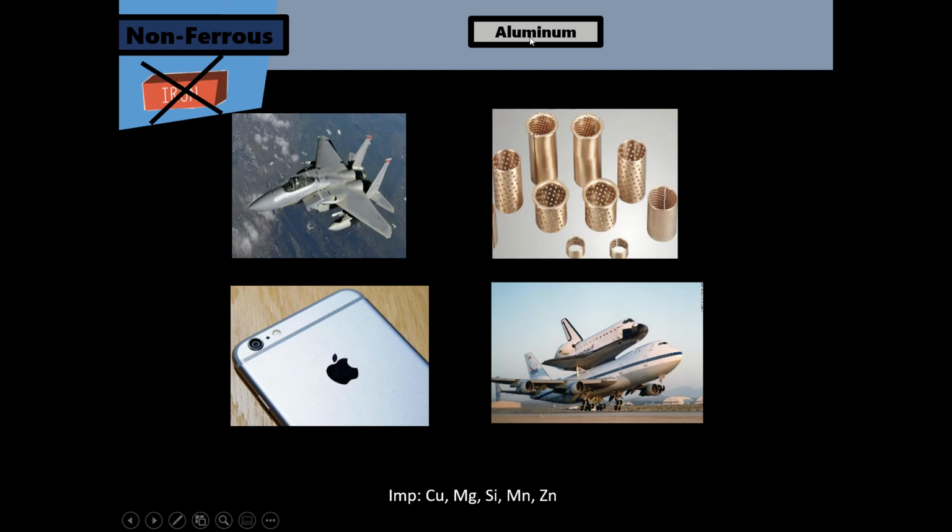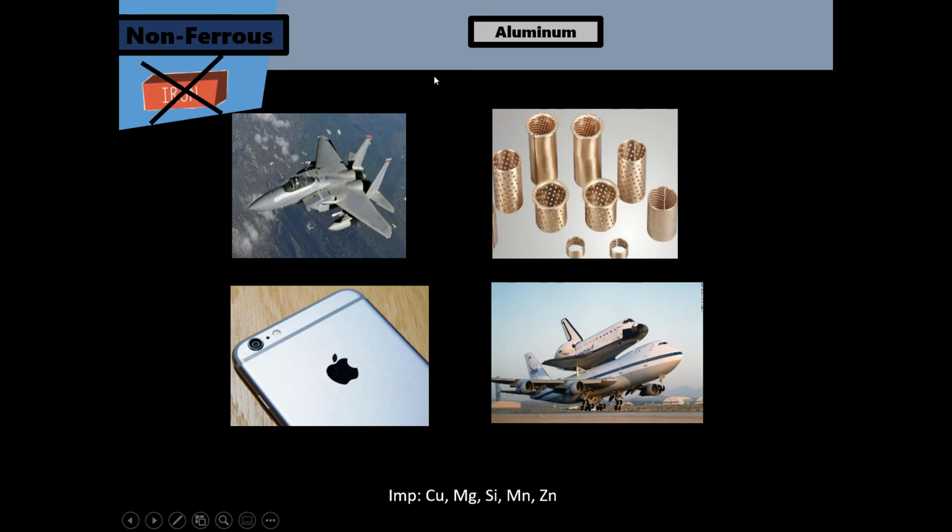Now we have aluminum. We have alloys of aluminum when we add copper, magnesium, silicon, and zinc. So we have engine parts for airplanes. I'm not quite sure about this one. We also have parts for airplanes here, and our iPhone, aluminum 6000 series.